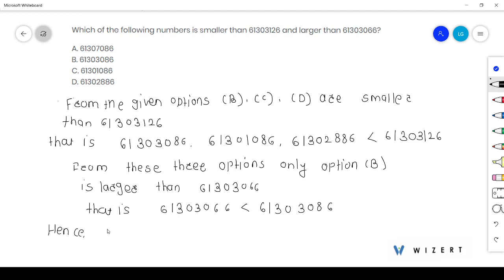Hence, we can write the numbers like that: 61303066 is less than 61,300,3,086 is less than 61,300,3,126. That is our correct option is option B.